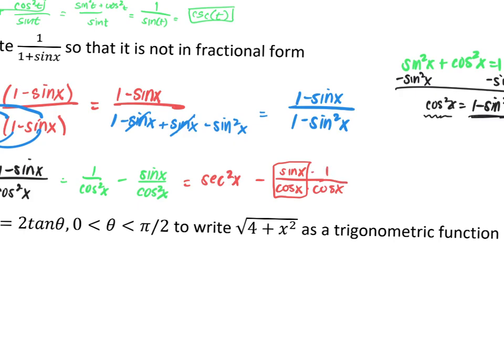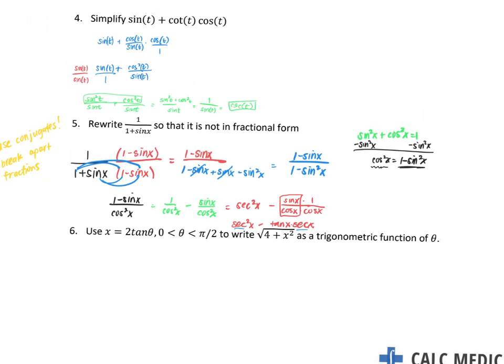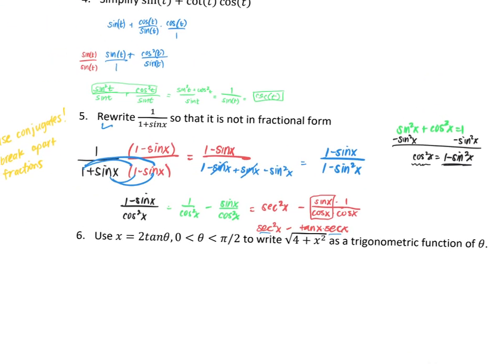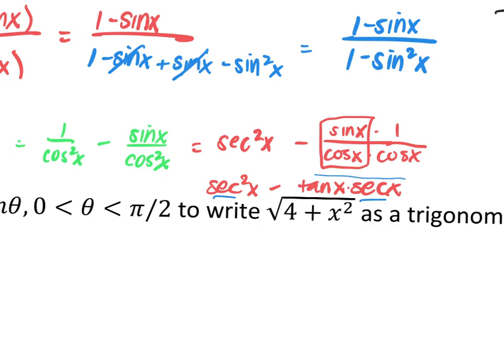So I'm going to rewrite this as secant squared x minus tangent times 1 over cosine is secant. And if I wanted to simplify this further, maybe divide out secant x from both terms, but all we wanted to do was rewrite so that it's not in fractional form, and we got that. Okay, so that's going to be the end of that problem. Nice work.